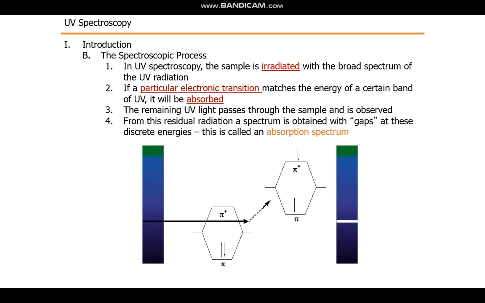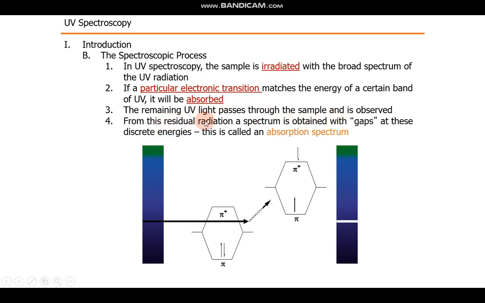So from that intensity level which is lost or which is decreased, we will discuss about the structure of the molecules or the samples placed in between detector and incident radiation source. The remaining UV light passes through the sample and observed.